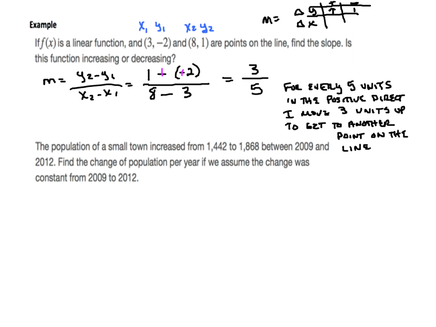So positive y tells you to move up, negative y down, positive x right, negative x left. So moving up 3 and right 5.